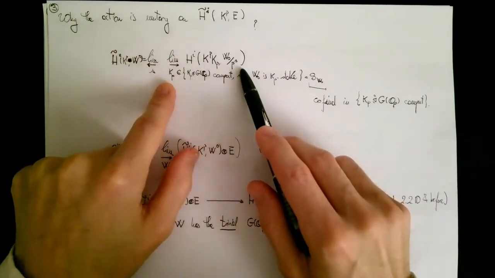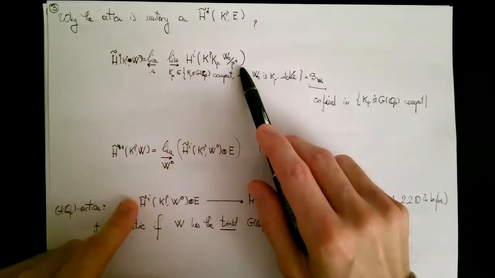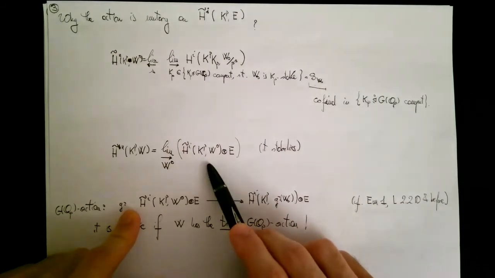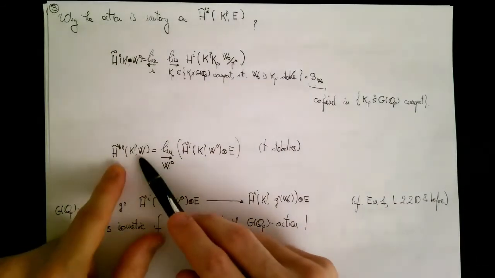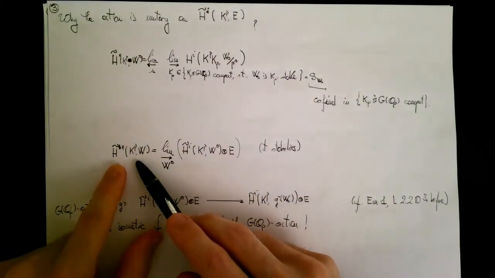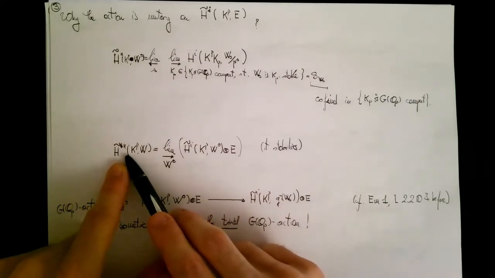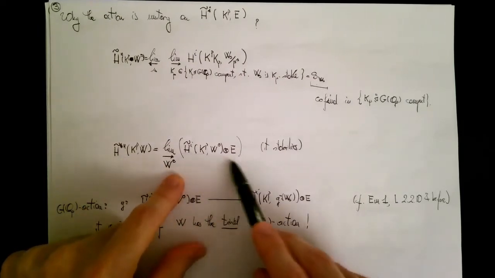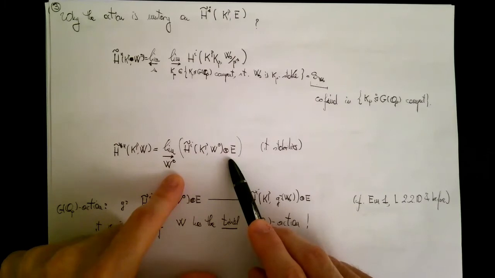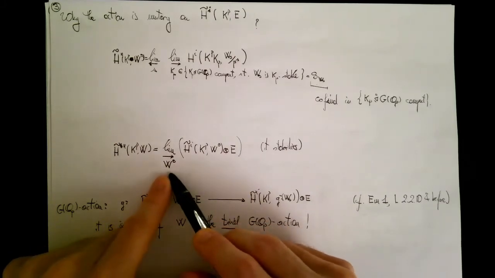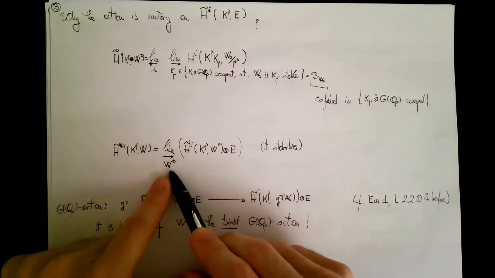But if you want to understand the action of the group, then you have to be very careful. Because the proper definition in order to understand the G(Q_p) action is this. You have to tensor over E, and then you have to take the direct limit over all lattices.